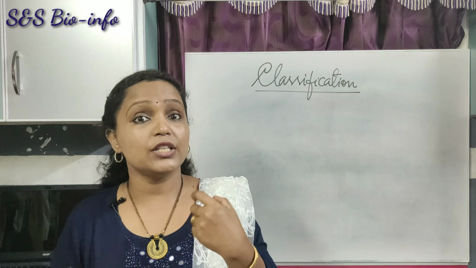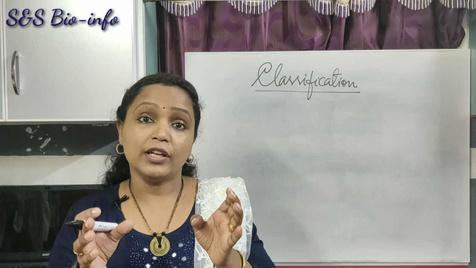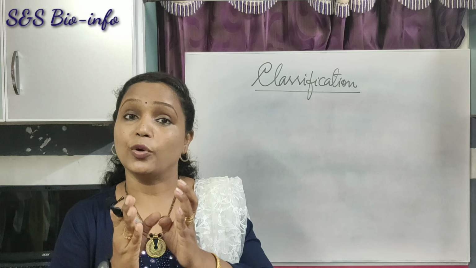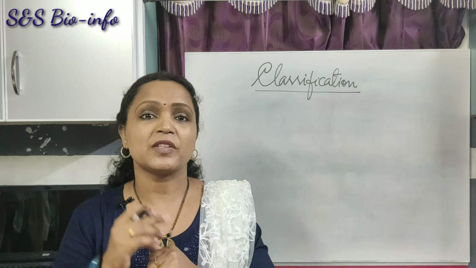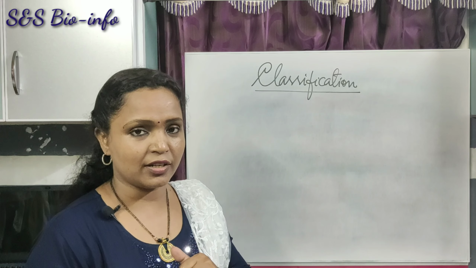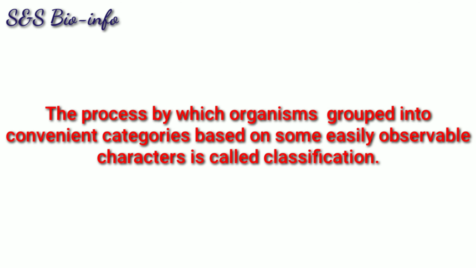Similarly, in the case of living organisms, we can group them based on certain easily observable features. That is classification. What is classification? The process by which organisms are grouped into convenient categories based on some easily observable characters is called classification.